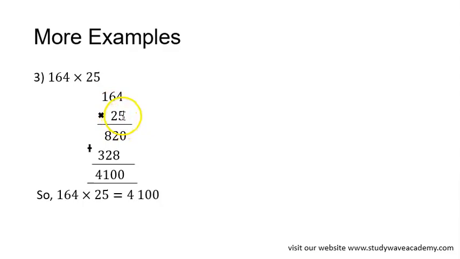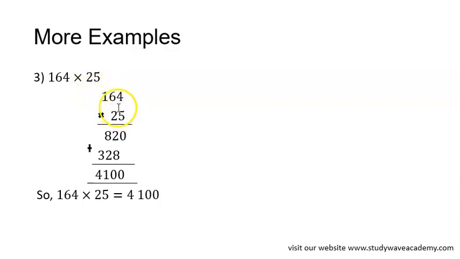So 5 times 6 is next, right? 5 times 6 is going to give us what? 30. Remember, we carried 2. So 30 plus 2 is going to give us 32. So we write 2 and carry 3. Did we get that? I hope we understand that, okay?